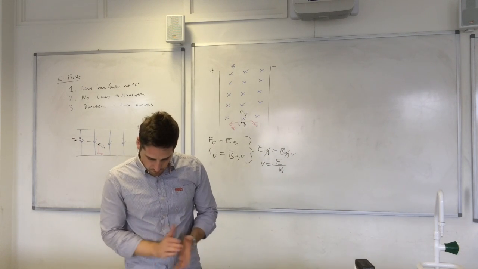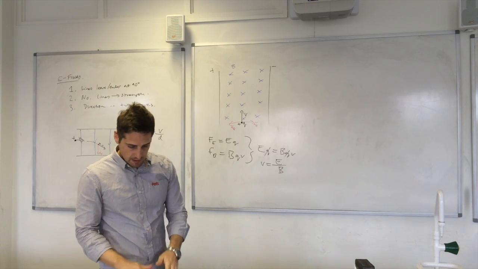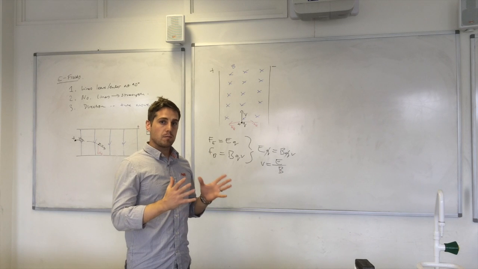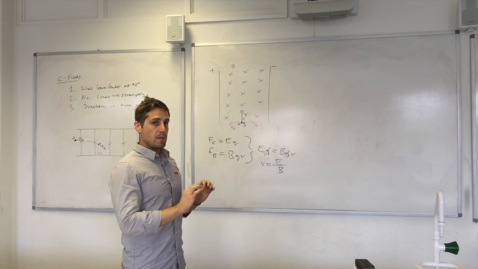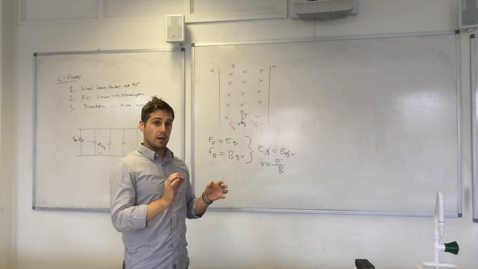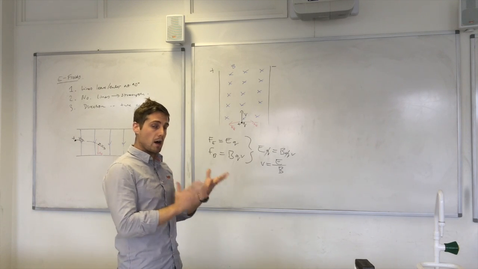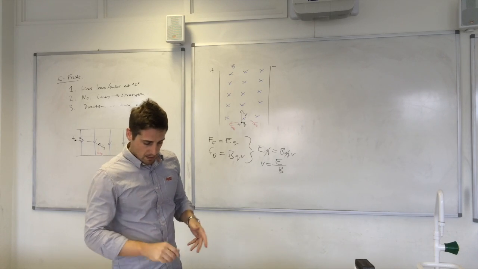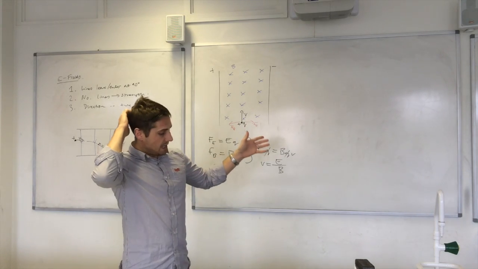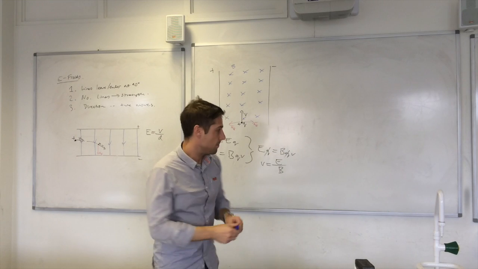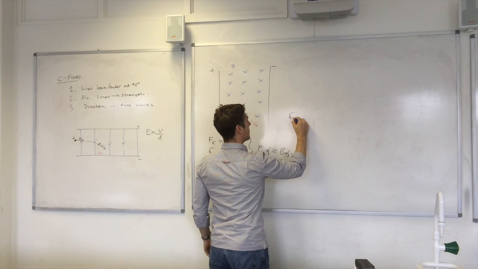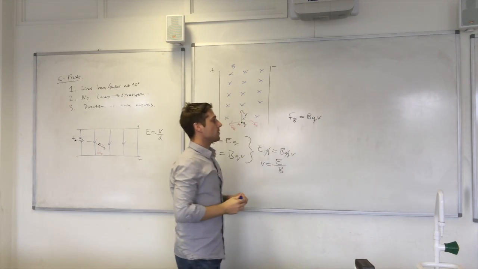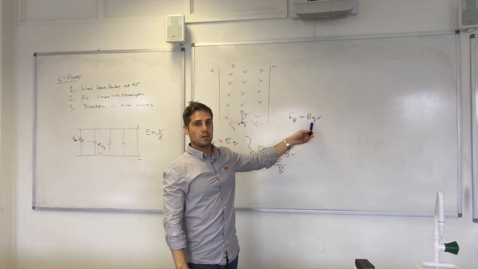Now, why would you want to do this? Well, in a mass spectrometer you want to select particles that fulfill certain criteria to see how many of them there are in your sample. You could put them directly into a magnetic field, but then you have two variables.